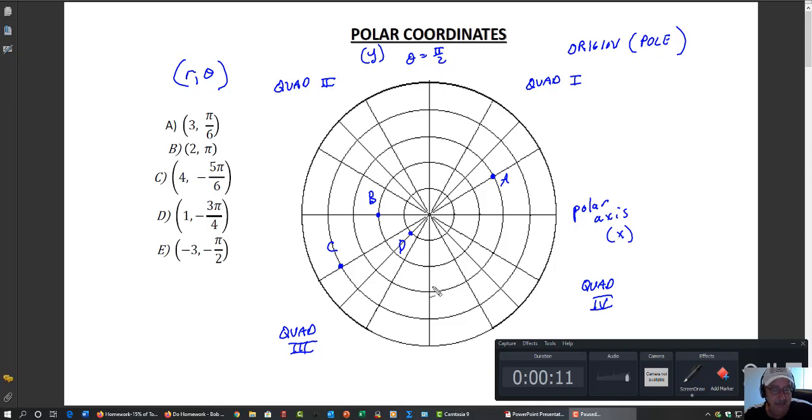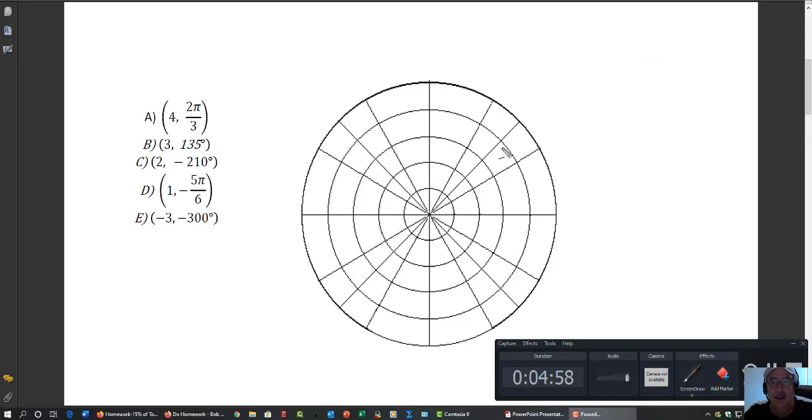Now, guess what happens if it's negative? Some of you may see that it's going to reverse it this direction. So a negative r value will flip the direction 180 degrees. So that would be our first set of plotting polar coordinates in the polar graphs.